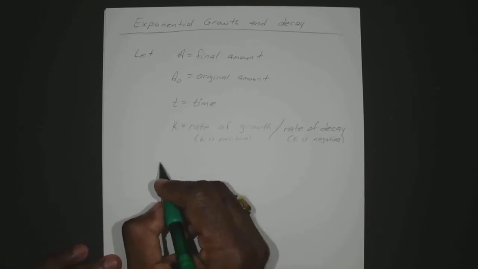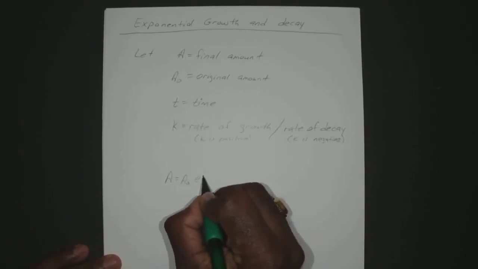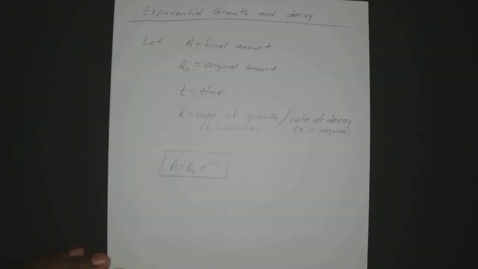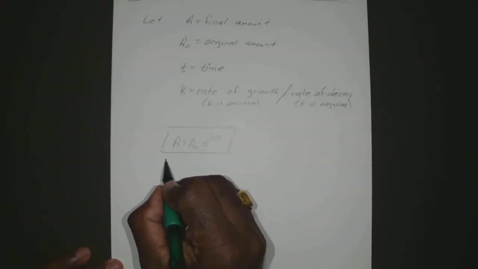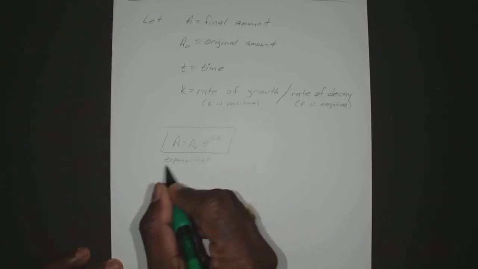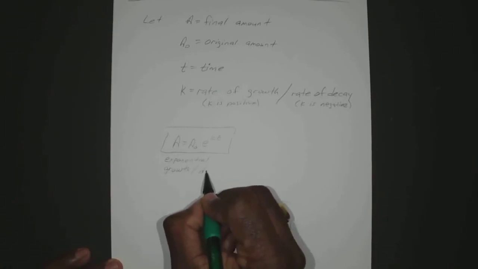So we have that formula A equals A sub 0 times e to the kt. It's almost an identical formula, just different variables. That's exponential growth or decay.